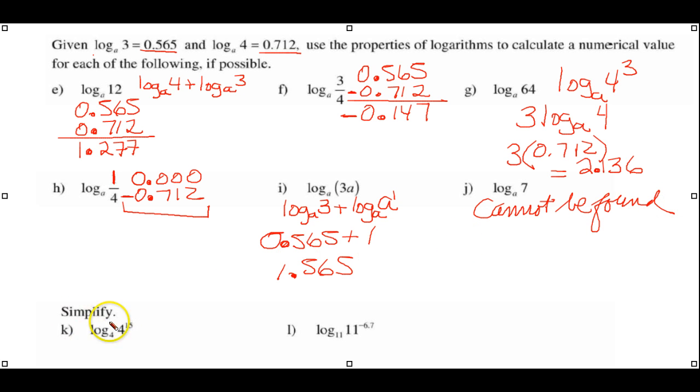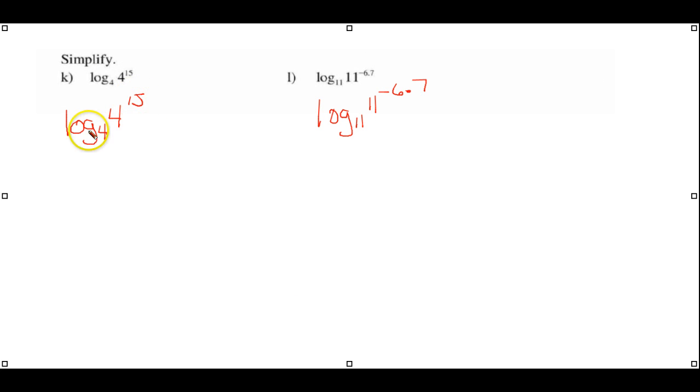Okay, now we're going to work on some of these. Now this is similar to one we just did, and whenever you have this arrangement, log base 4 of 4 to the 15th, this 4 over 4 is in a sense 1, and the answer is 15. It's whatever is the exponent.